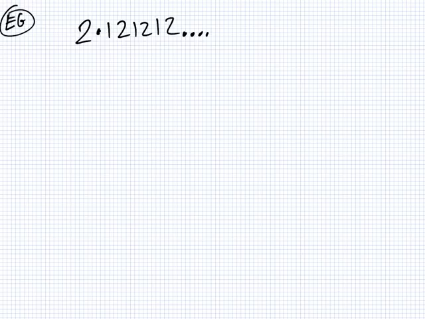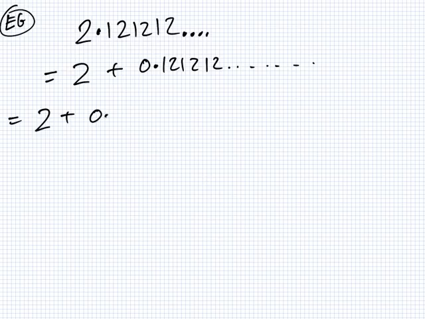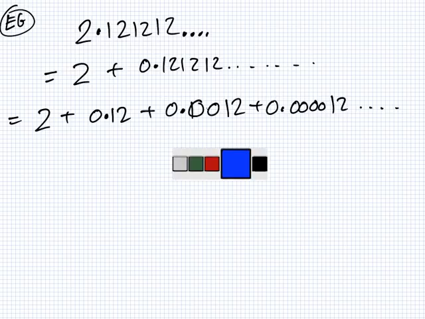So, first thing you should do is break this into 2 plus 0.121212, etc. Then you should break it again into 2 plus 0.12 plus 0.0012 plus 0.000012, etc. So you're breaking it at every 1, 2.